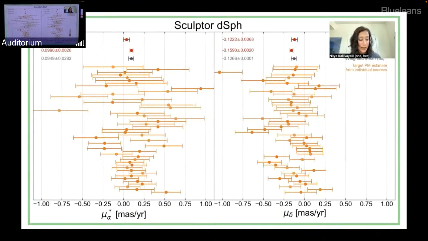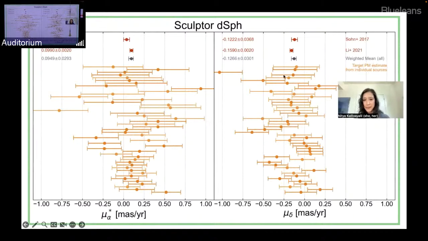This works really well for Milky Way classical dwarfs. This is showing a result for the Sculptor dwarf spheroidal. This is proper motion in the right ascension direction. This is proper motion in the declination direction. And these are our results here compared to some other very well vetted results from the literature.